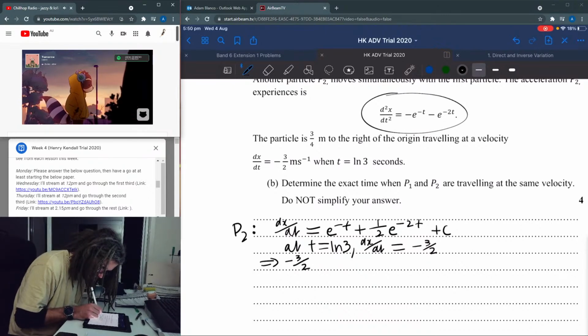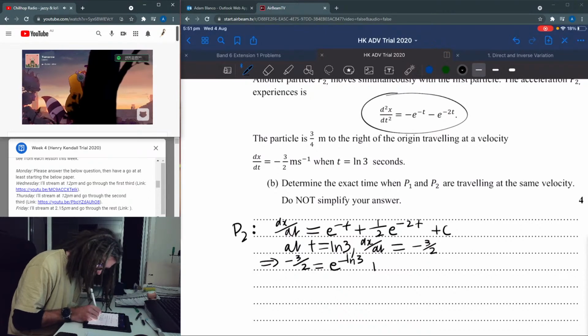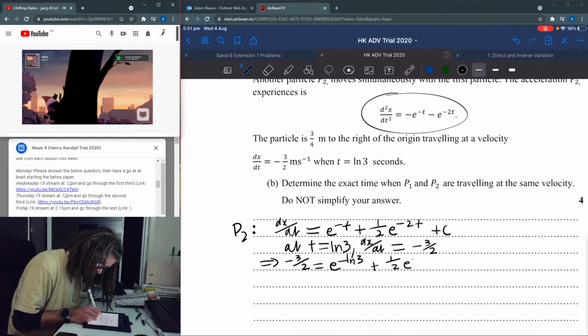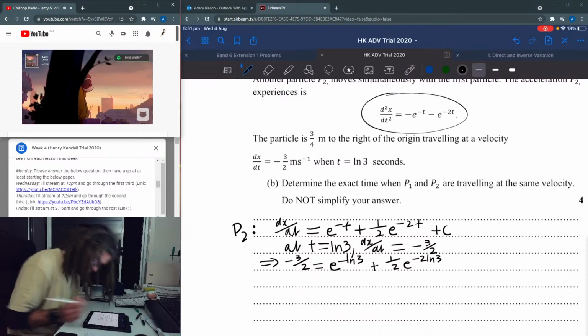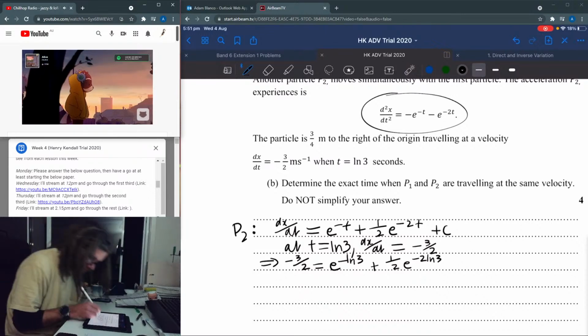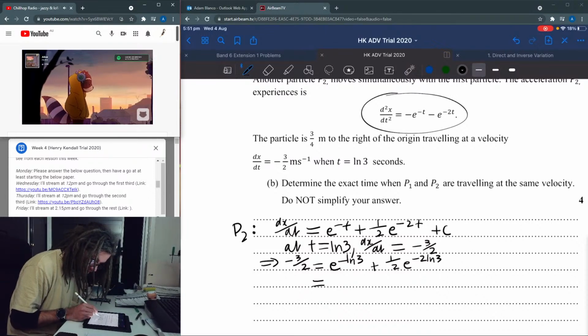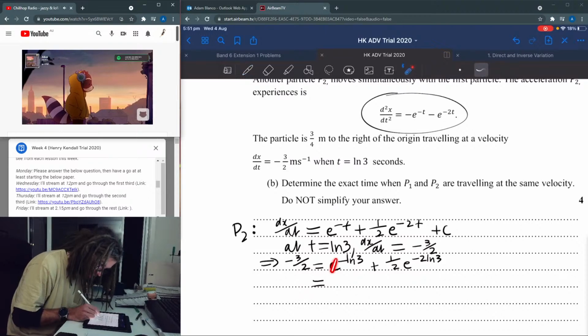Negative 3 on 2 equals e to the minus ln 3 plus 1/2 e to the minus 2 ln 3. Okay, this is equal to, now I'm just going to bring this minus out of here.